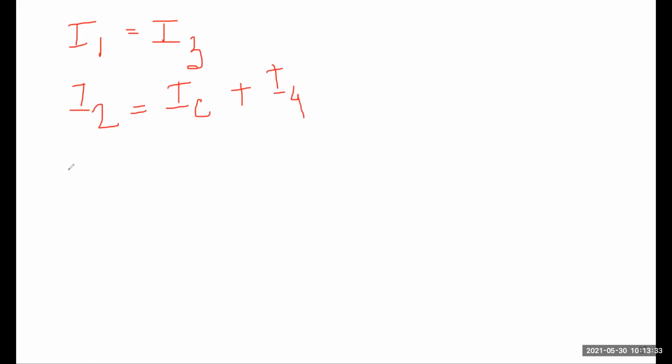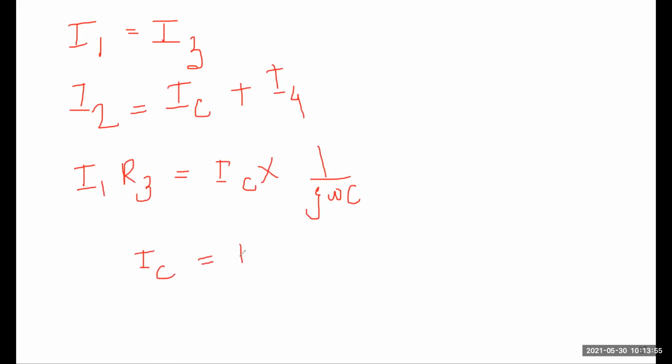So now I can also write I1 R3 will be equal to IC multiplied by 1 by j omega C. And IC is known to me as I1 j omega C R3. This is one balance condition I can write.